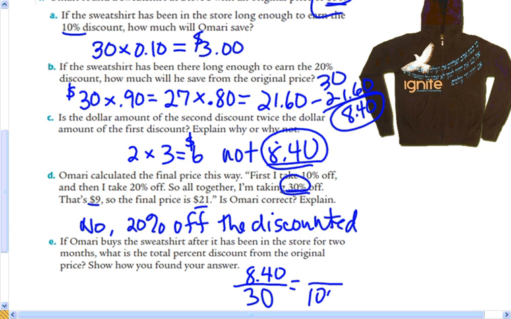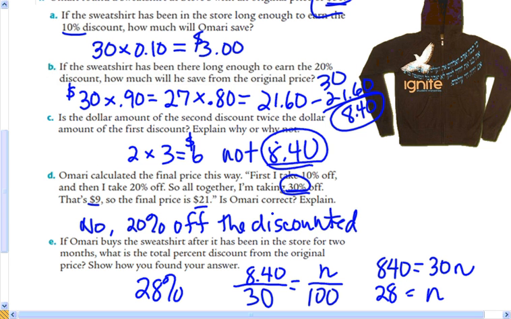And as a percent, so I'm going to take 100 times 8.40, which is 840. And that's equal to 30 times n. So I need to do 840 divided by 30, which is 28%. So it ends up being a 28% discount, not quite 30%.